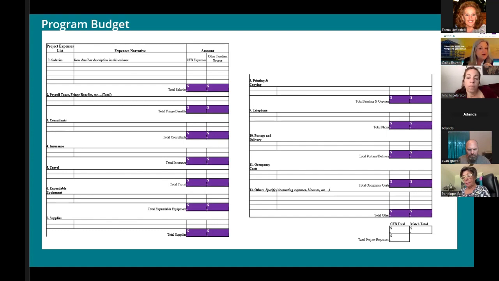So in that little narrative, you can say, according to this website, the national value of volunteer time is this amount. We anticipate 20 hours, so it'll be this value. So we're contributing that value as an in-kind to the completion of the project. Right, and then that is included in the annual budget? You certainly can do that. Okay, thank you.